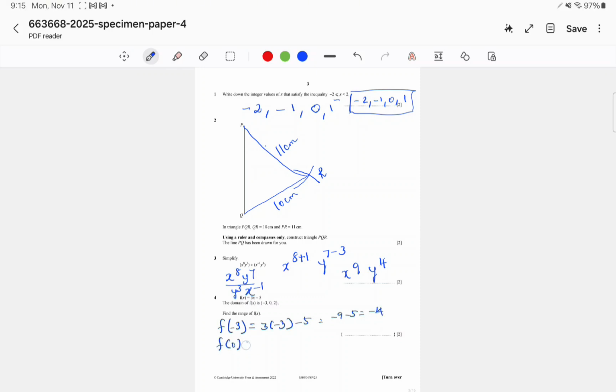Next, f of 0: 3 into 0 minus 5, so it is -5 alone. Next, f of 2: 3 into 2 minus 5, it is 6 minus 5 equal to 1. So the answers are -14, -5, 1.